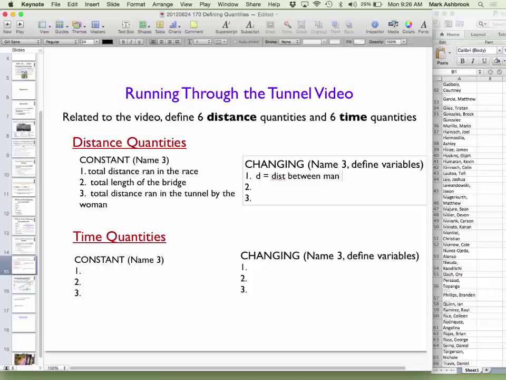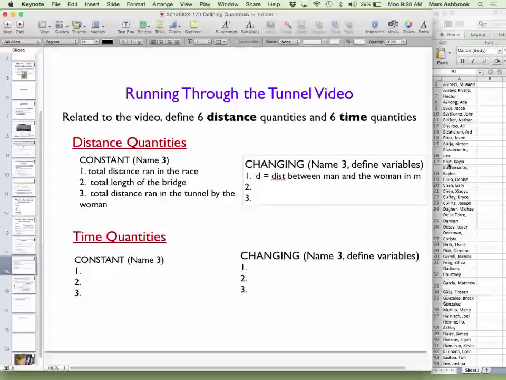How do we do? In meters. How do we do now? Changing quantity? Yes. Fully specific? Yes. Got units? Yes. We're good. Good job.